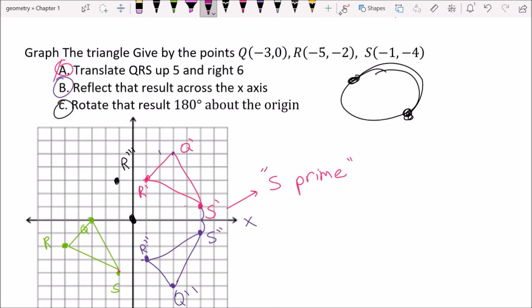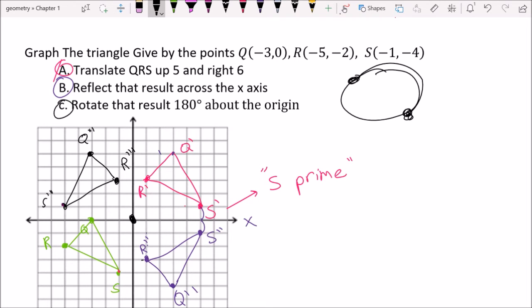So I need to switch my colors again. And Q is going to be up here. And they are called triple prime because that's our third change to the shape. So Q triple prime, and then I'm going to put S triple prime right here.